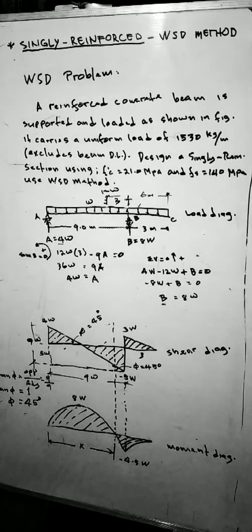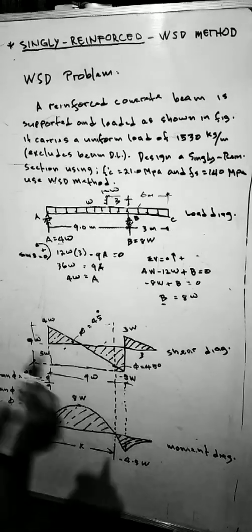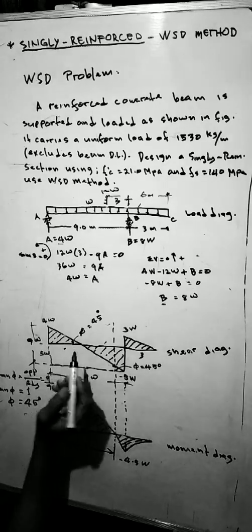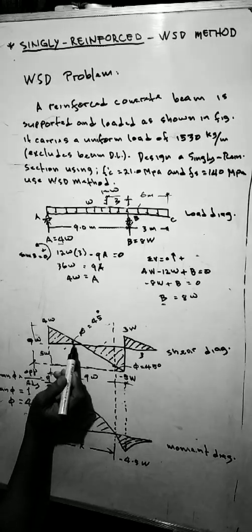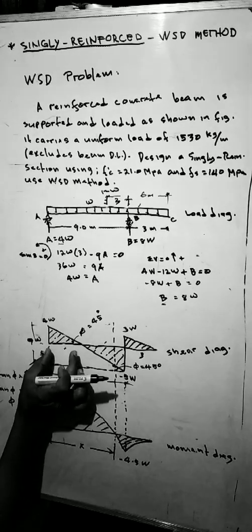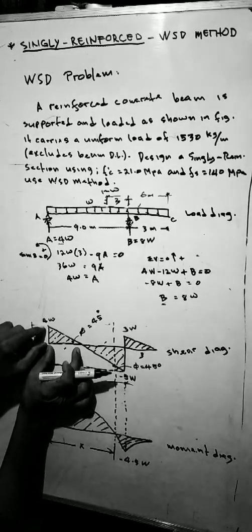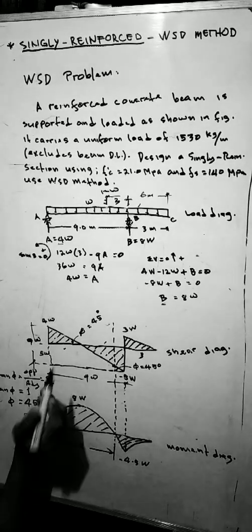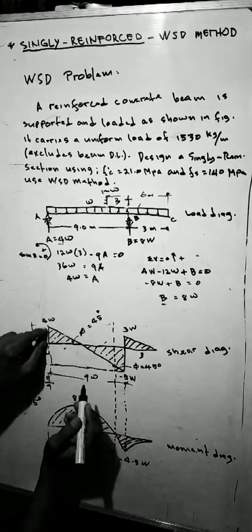Now, when it is 45 degrees, meaning this distance is equal to this distance. Like this, it becomes 1.